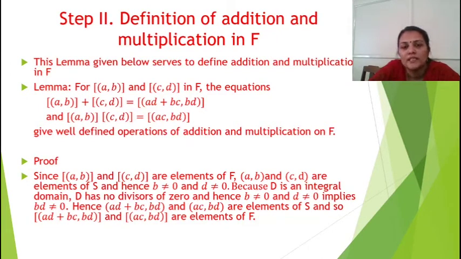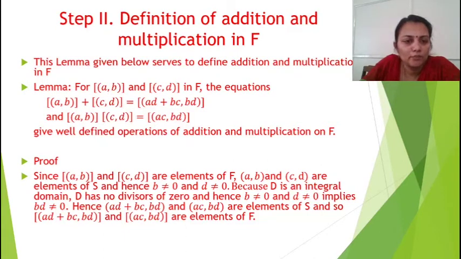Now in the second step we define the operations, addition and multiplication, in F. From the lemma definition, for [a,b] and [c,d] in F, the equations are [a,b] + [c,d] = [ad + bc, bd]. So we can take a/b + c/d in that form.